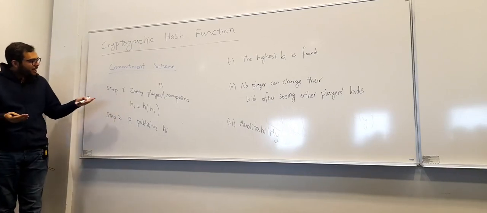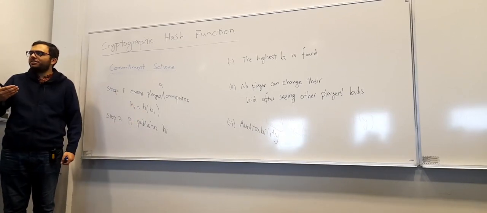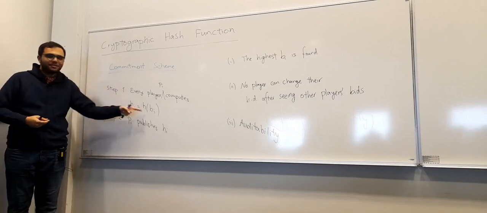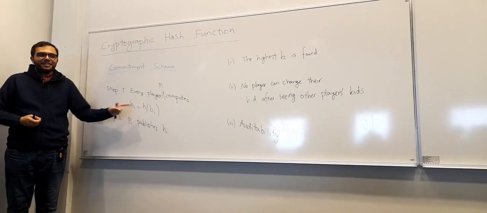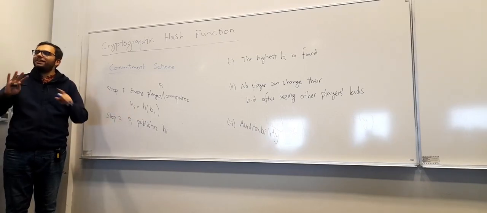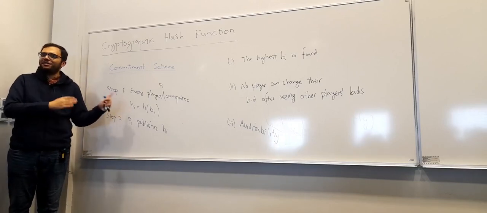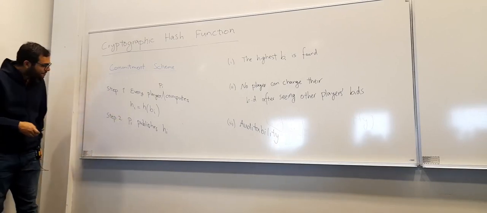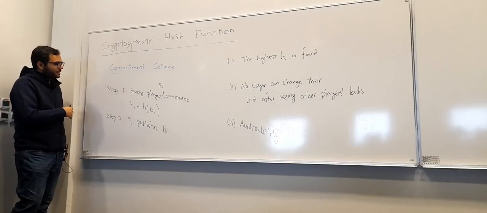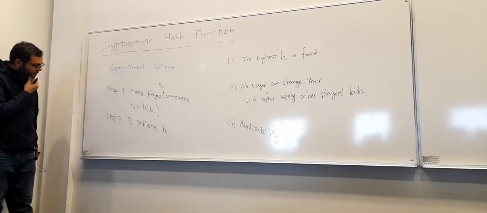Now, when a player computes their hash and publishes the hash, any other player can just start and hash everything from 0 to 10,000 and see which one gives this hash, right? So we have that problem. We will get back and fix that. But for now, let's just pretend that we cannot figure out what the values or the bids of the other players are, okay? So this is a rough scheme of our overall protocol. I will come back and fix these things.